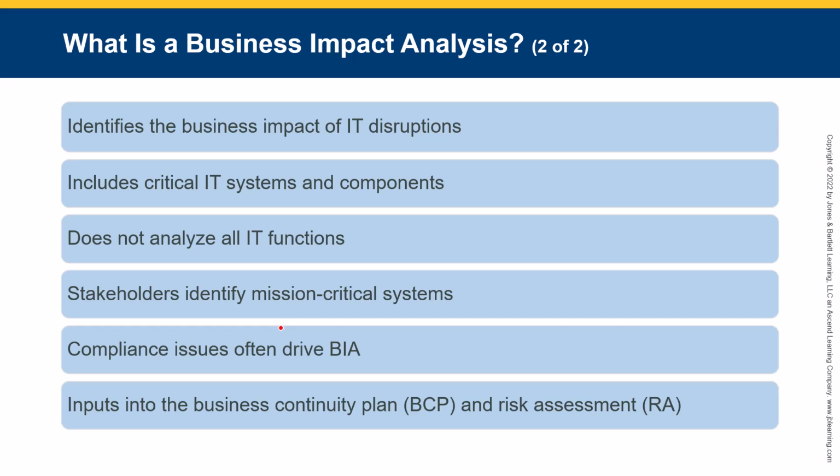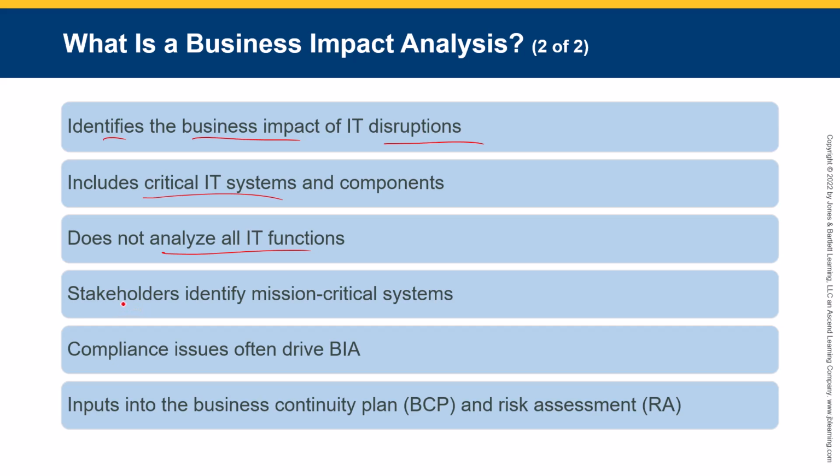So what's the purpose? What are we doing here? Identify the business impact of disruptions. It includes critical systems. It does not analyze all the IT functions. It's looking at systems, processes, and components.